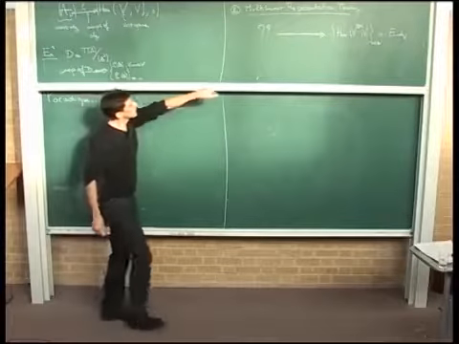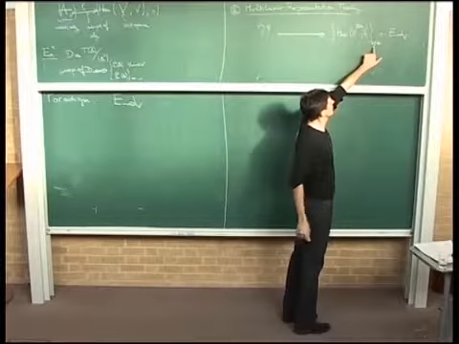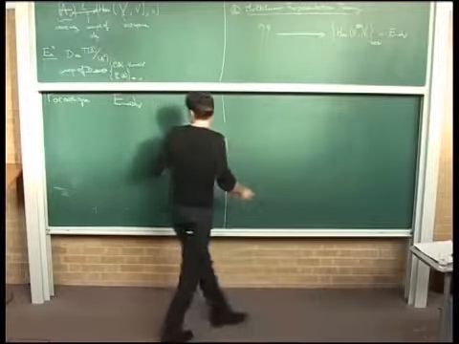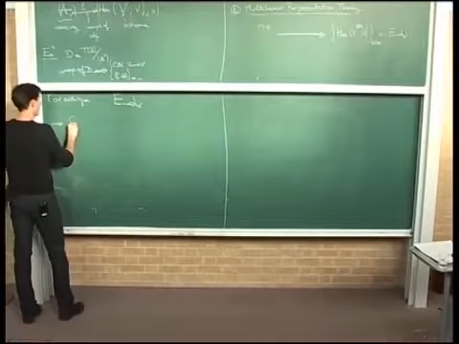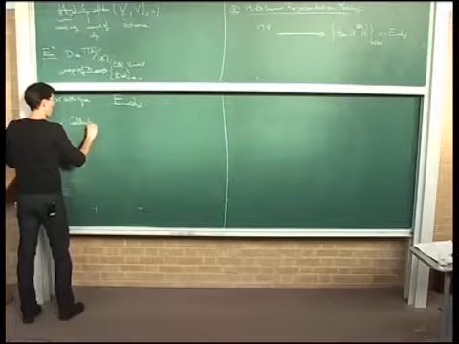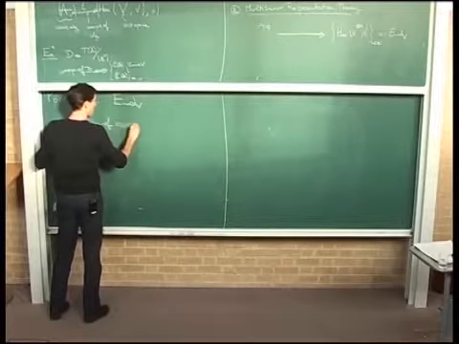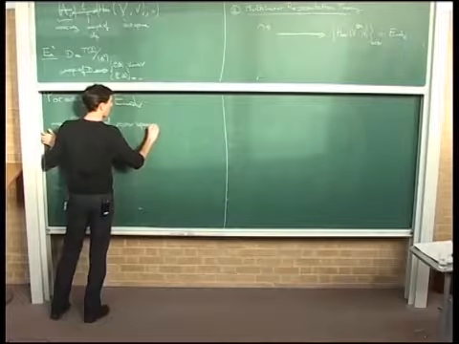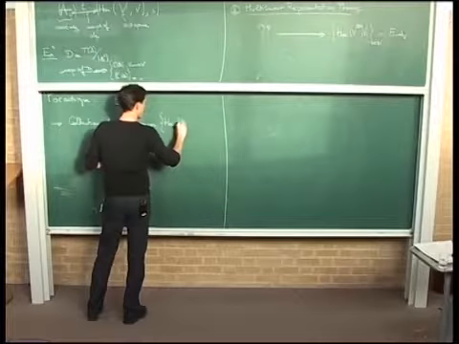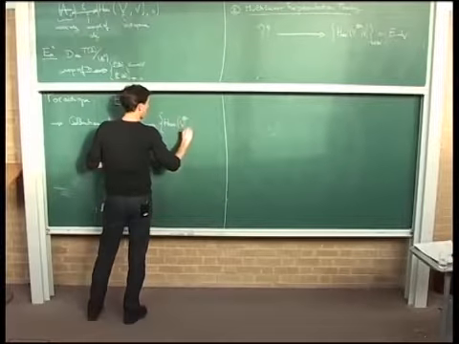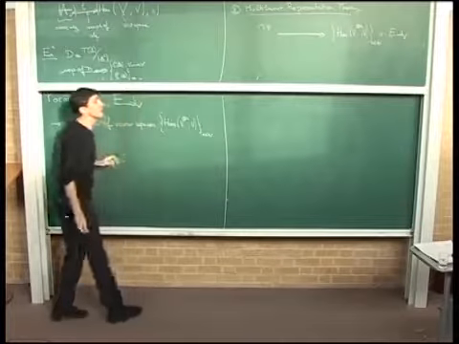So first, this is made up of a collection of vector spaces labeled by n. Okay, so that's the first piece of the data. So first, we have a collection of vector spaces indexed by n.